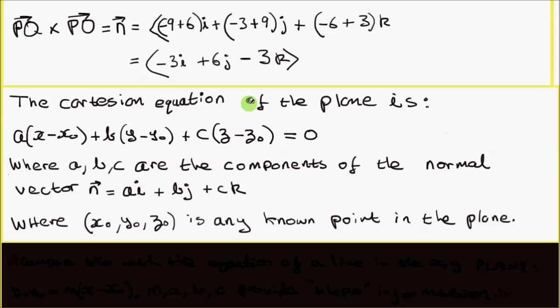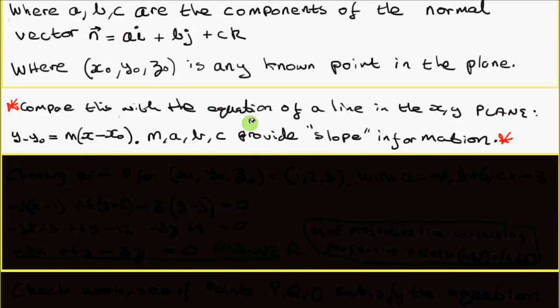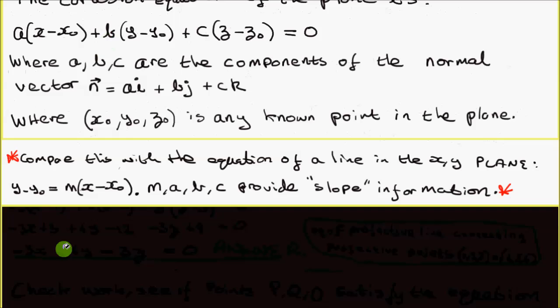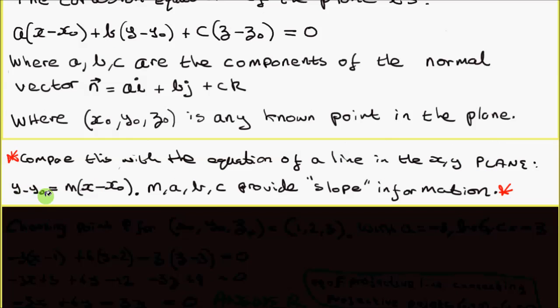And in the Cartesian equation, x naught, y naught, and z naught is any known point on the plane. Compare this format with the equation of a line in the xy plane, that is y minus y naught is equal to m times (x minus x naught). In the two forms, the m and a, b, c provide slope information.